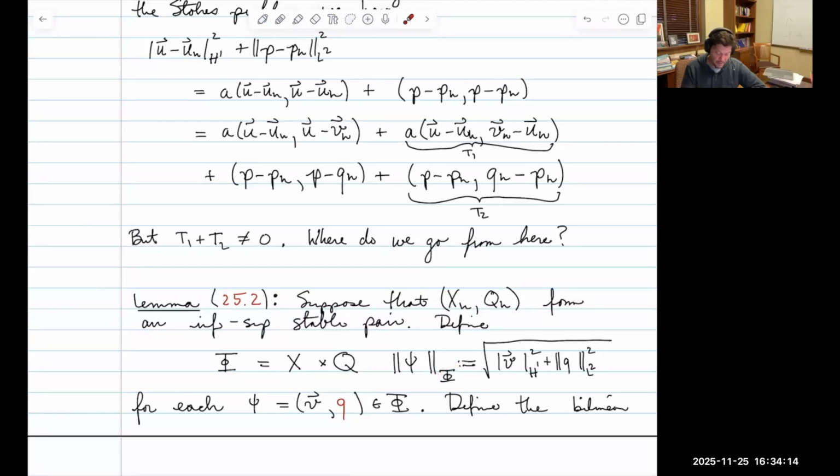It's going to be the norm of the first object squared plus the norm of the second object squared, with both of their natural norms, and then the square root of the sum. Okay, square root of the sum of those two squared norms.